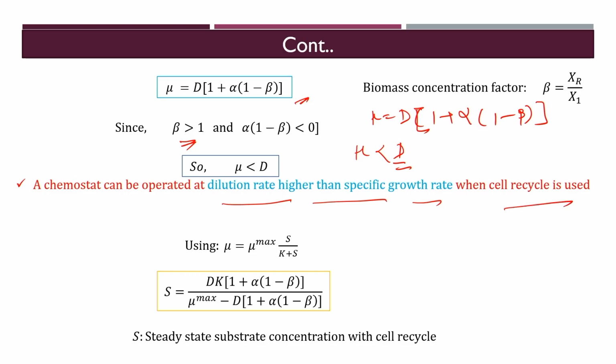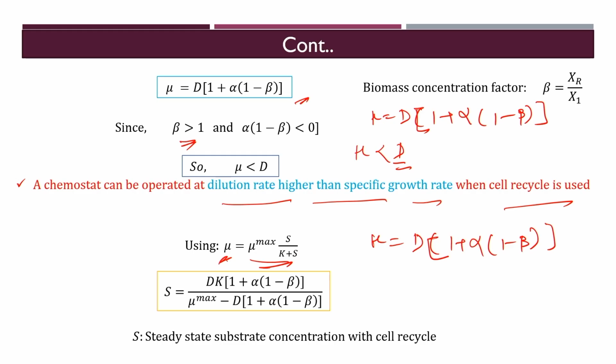And further, if you remember, mu equals the Monod equation, mu equals mu max S upon Ks plus S. So, from here we can get the value of S, because mu equals D(1 + alpha(1 - beta)).